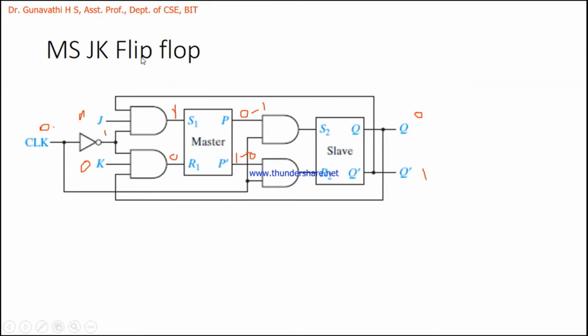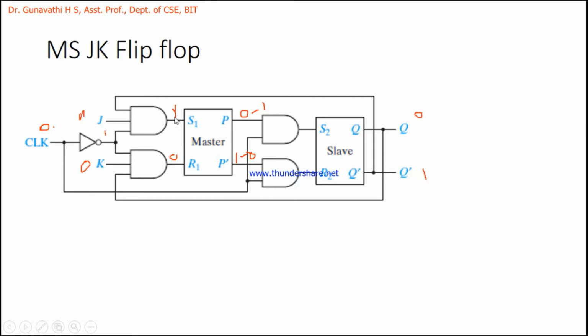Yeah, this is the master-slave JK flip-flop. What I explained in the morning is, when the clock is 0, suppose my previous outputs are 0 and 1 here, right? When the clock is 0, the J and K inputs are 1, 0. So this 1 has been fed back here. J is 1, the feedback is 1 here, and the clock, since the inverter has been connected, is 1 here, so all the 3 inputs across this AND gate are 1.